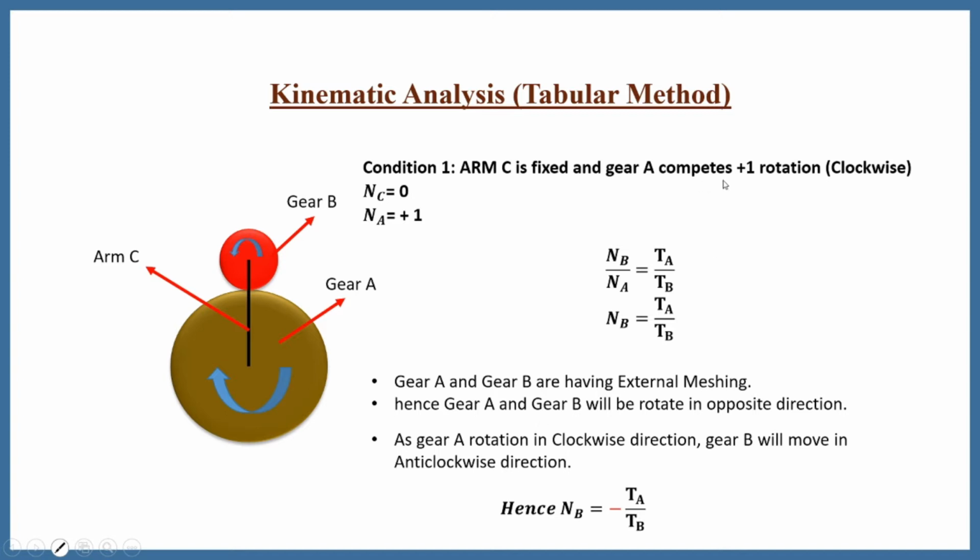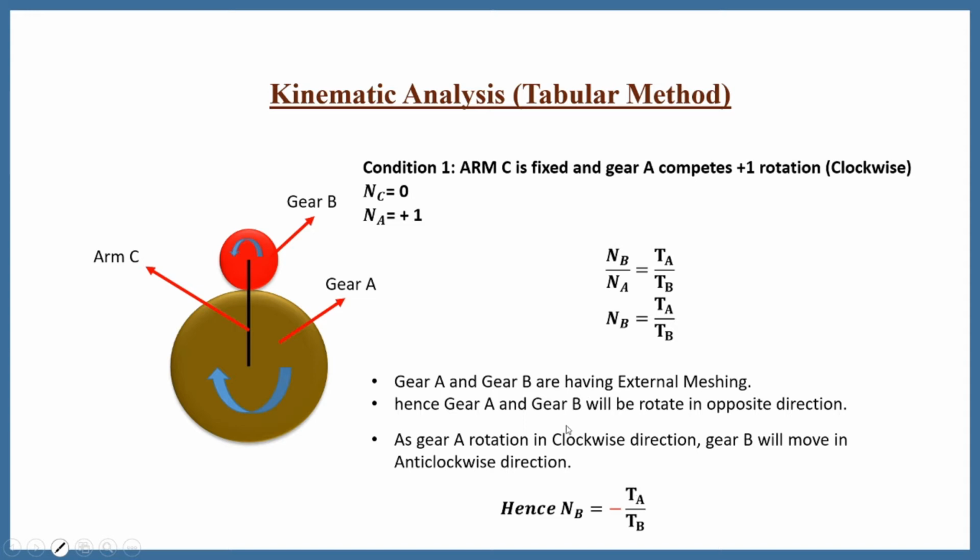Here we have considered plus 1 rotation for the clockwise direction, which means for anti-clockwise we have to consider minus. Gear A and gear B are in external meshing. For external meshing, both gears rotate in opposite directions. Hence, when gear A rotates in the clockwise direction, gear B will move in the anti-clockwise direction.